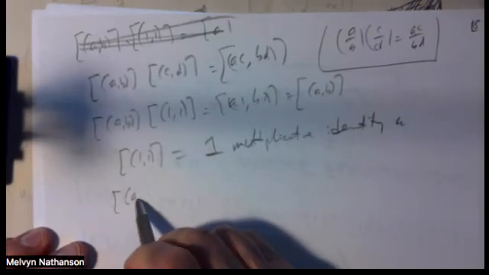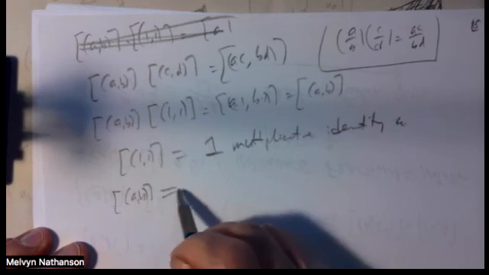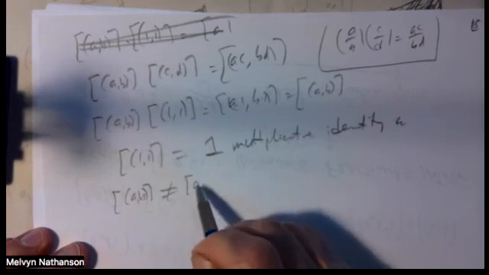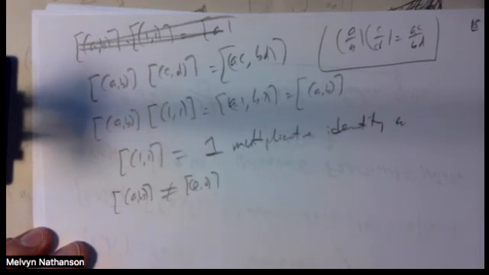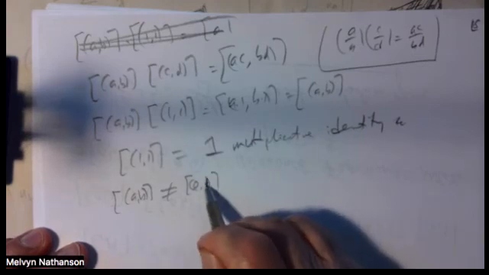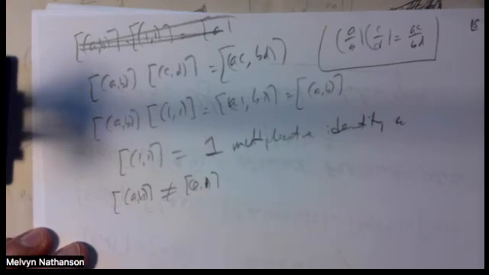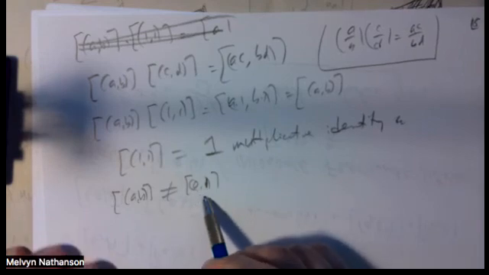And if I take (A,B) not equal to (0,1), okay, (0,1) is the additive identity.